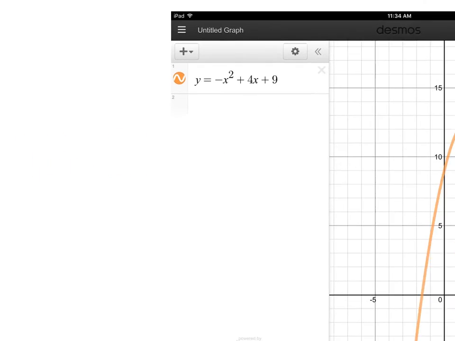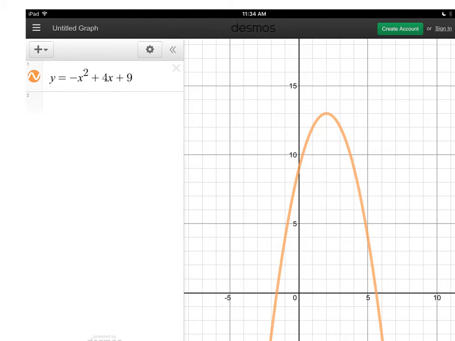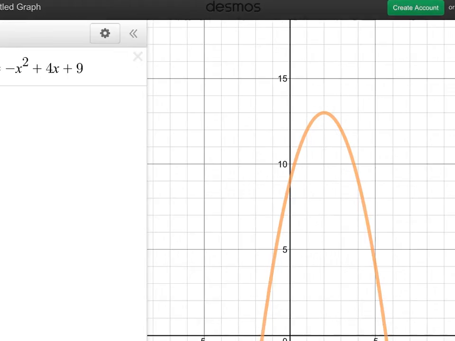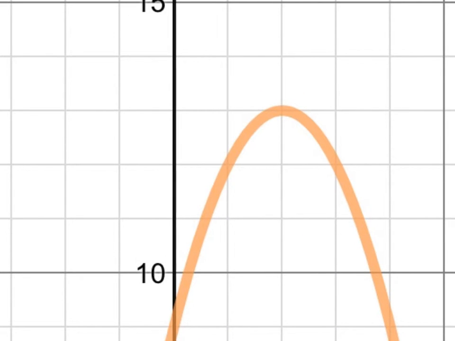All right, so this one says find the maximum y value of this graph. When you put this graph into Desmos, you're going to see that you've got your maximum right here. So what is that maximum? If we zoom in, we know that this right here appears to be our maximum.